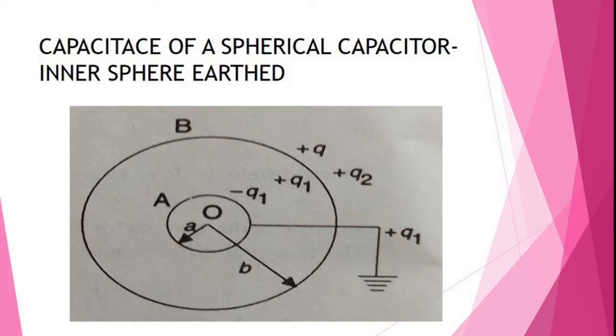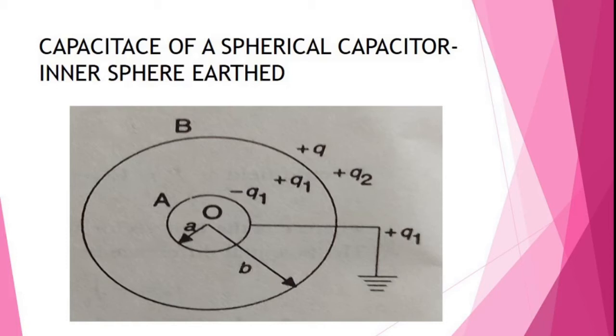The inner surface of B will contain plus q1 charge and the outer surface will contain plus q2 charge, so that q1 plus q2 is q itself.